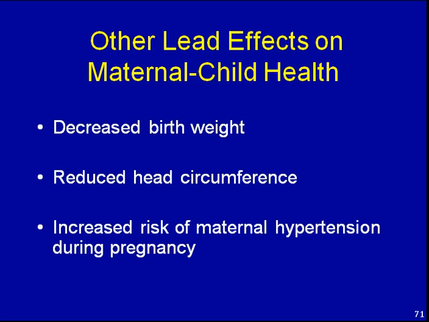A couple of other thoughts about this case. The first would be that it would be a good idea to recommend that she take additional calcium because that might prevent some of the reuptake of the lead, whatever lead's in her diet, as well as reabsorption from bone, and reduce the amount that's available to the fetus.